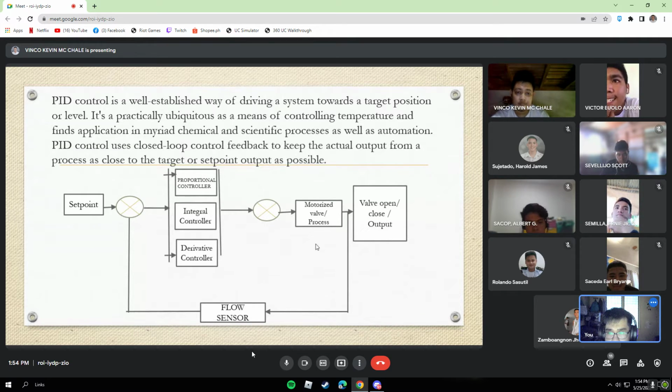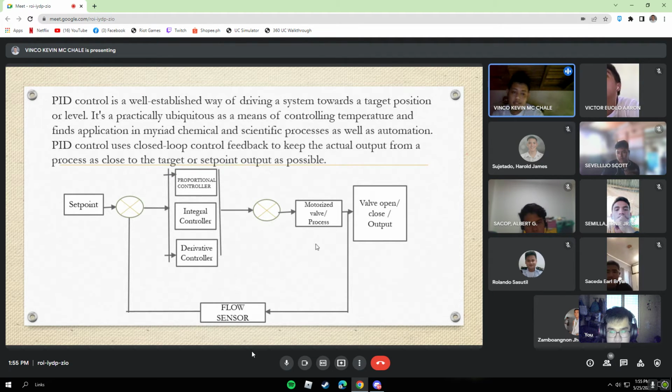It is practically ubiquitous as a means of controlling temperature and finds application in myriad chemical and scientific processes as well as automation. PID control uses closed loop control feedback to keep the actual output from a process as close to the target or set point output as possible.